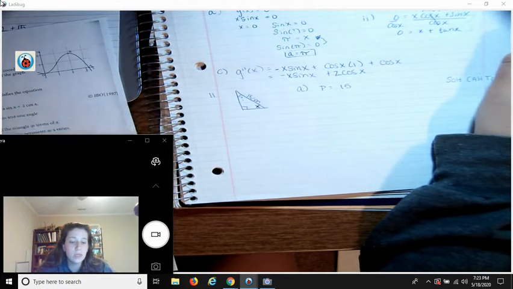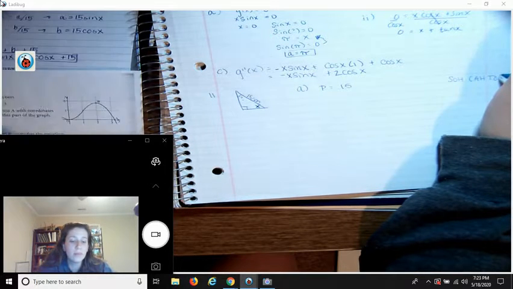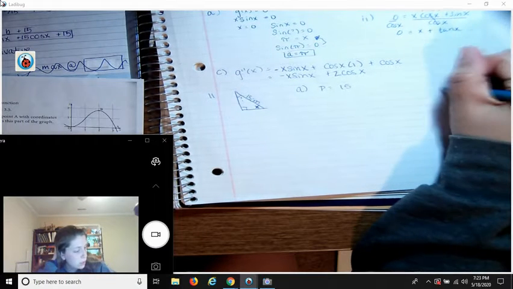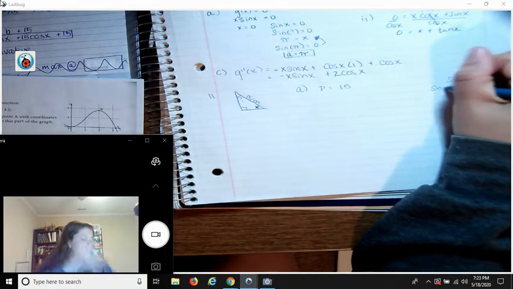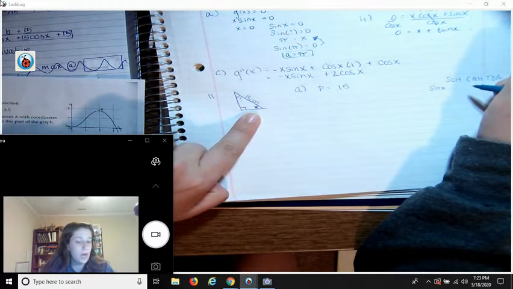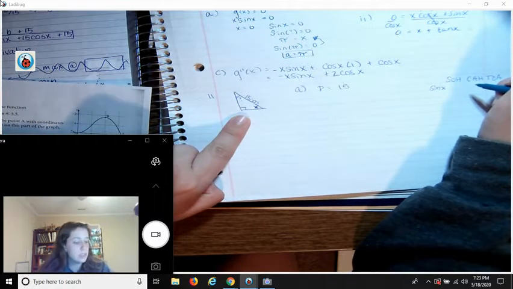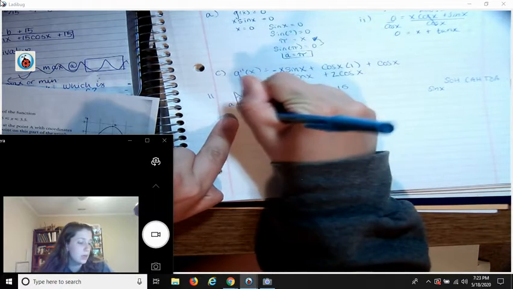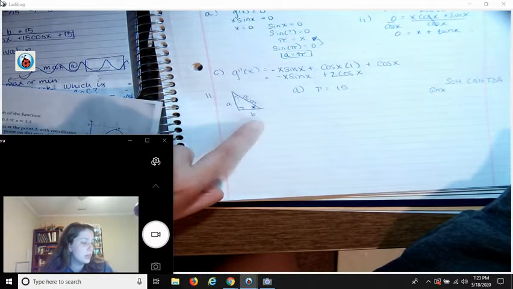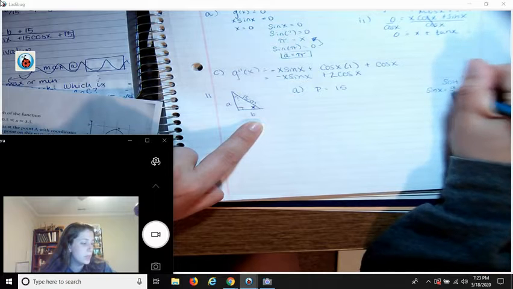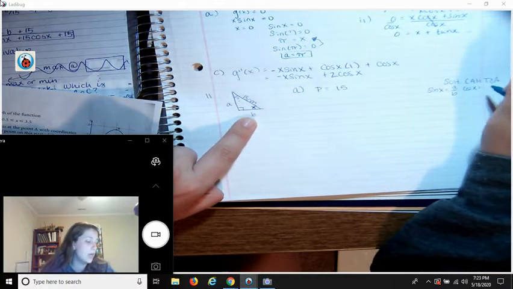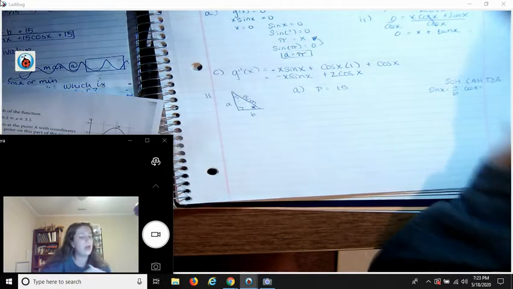Let me see if this is what I did from before. Yeah. Okay, so sine of x, which is going to be this angle, is equal to, let's name the sides A and B. Sine x is the opposite over the hypotenuse, so A over 15, since the hypotenuse is 15.